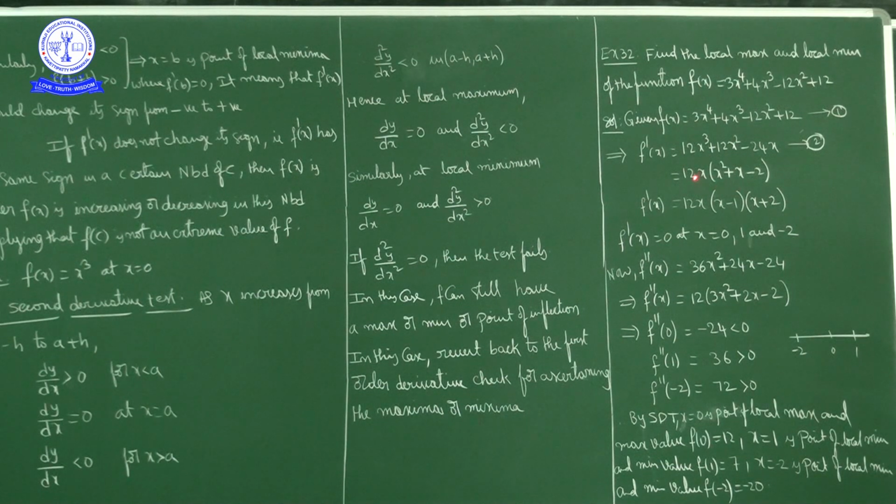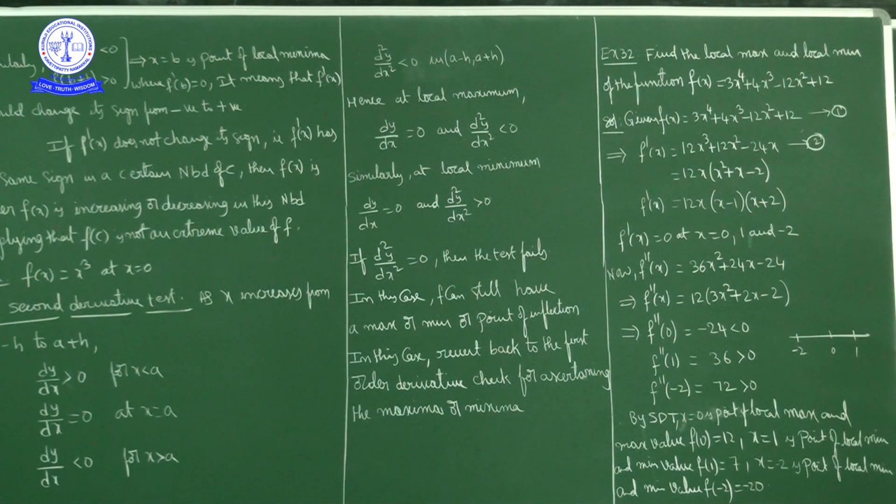So 12x into x square plus x minus 2. If we factorize this, we get x minus 1 into x plus 2. So f dash of x equals 12x into x minus 1 into x plus 2.